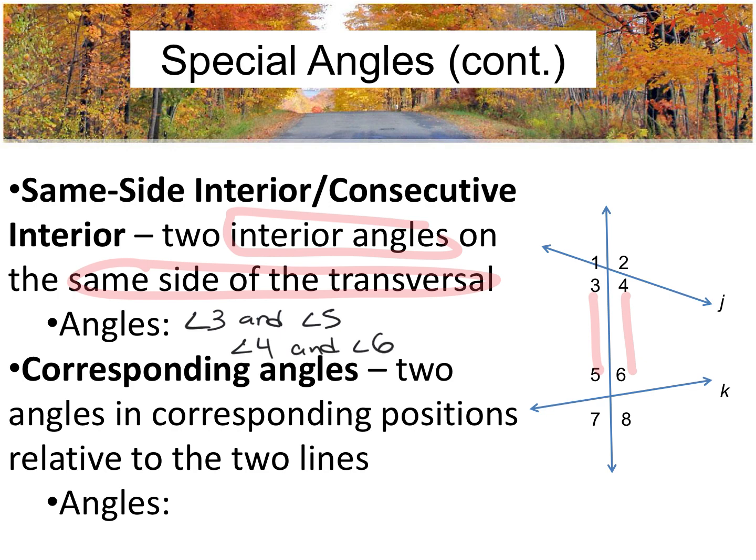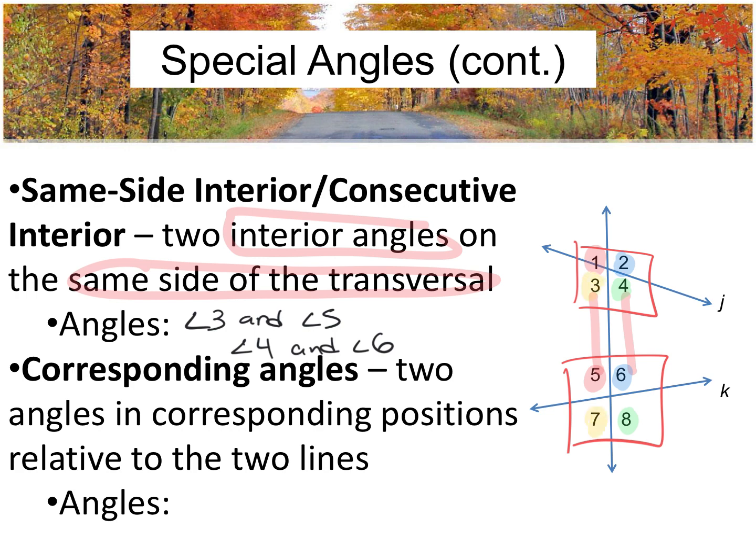Now corresponding angles are two angles in corresponding positions relative to the two lines. What does that mean? So if we were to box in these 4 angles, you guys see how it's cut off in like 4 quadrants? We can say that angle 1 and 5 are in, let's call that quadrant 1, 2 and 6 is 2, 8 and 4 is 3, and 7 and 3 is 4.